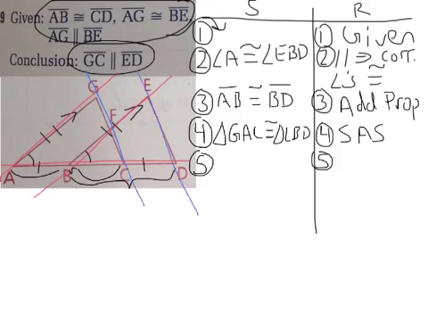If I want to prove lines parallel, I want to get some angles to be congruent. So if I look over here, look at this transversal once again. Well, if I can prove that these two angles here and here are congruent, I'm going to get parallel lines because of corresponding angles being congruent. And I can definitely prove that angle GCA and angle D are congruent by CPCTC.